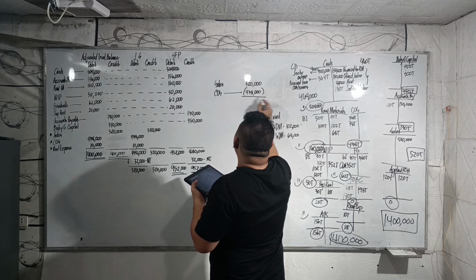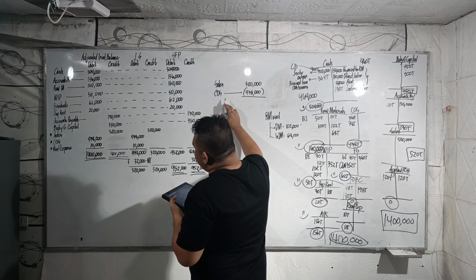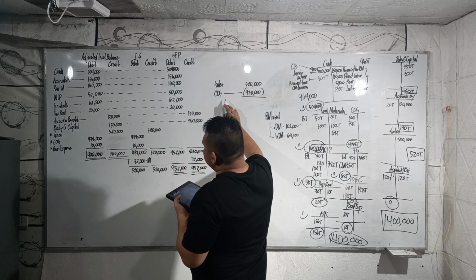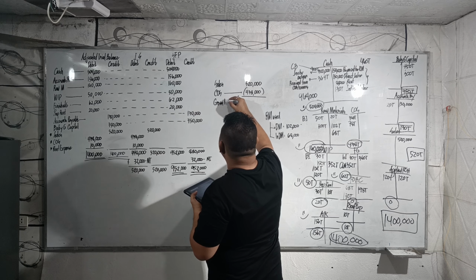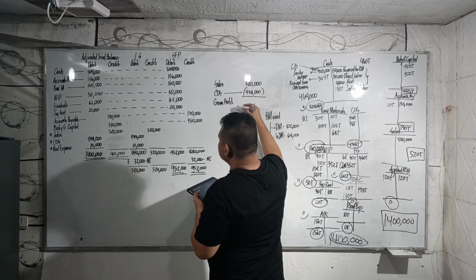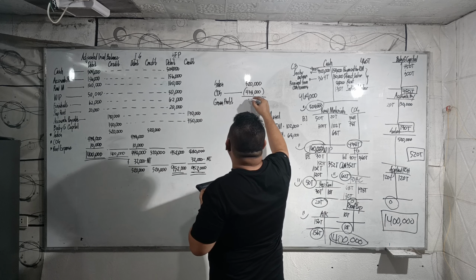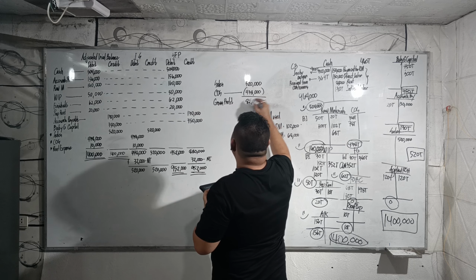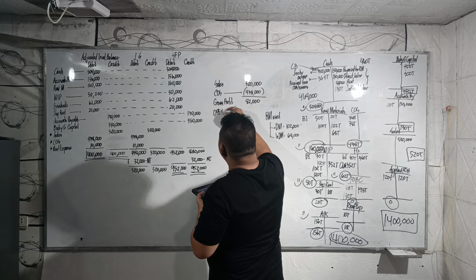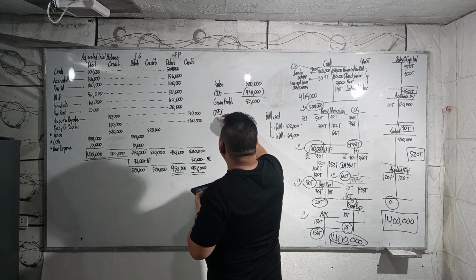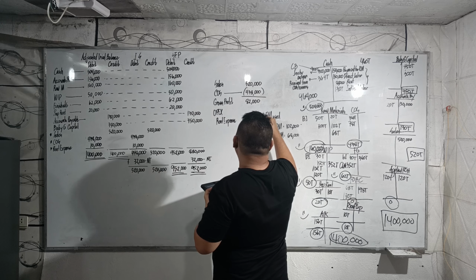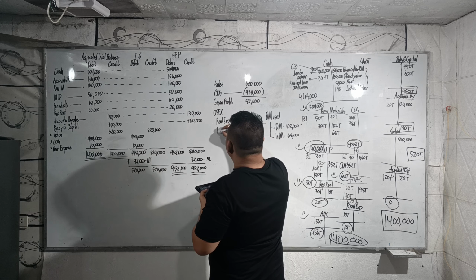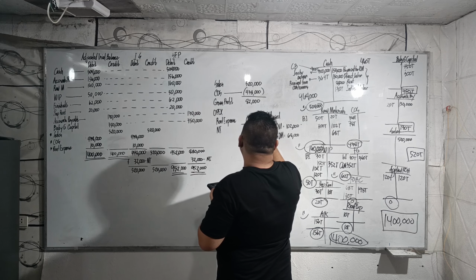The difference, 520 minus 438, so we're gonna come up with a gross profit of 82,000. And then the operating expenses, what we have there is only the rent expense. You can put immediately 10,000 and you'll have a net income of 72.